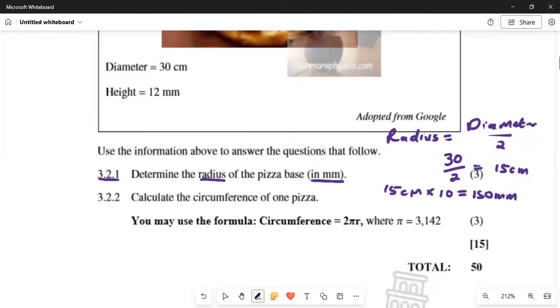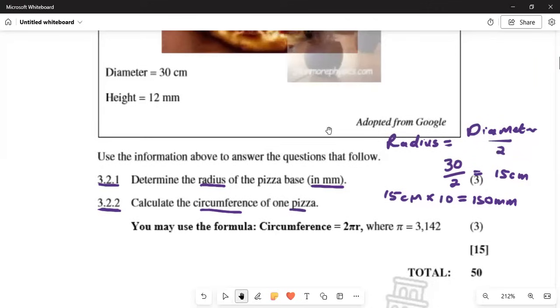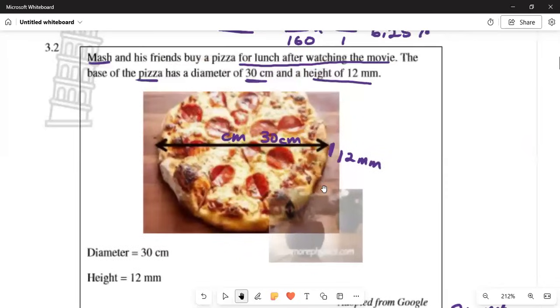So moving on, in 3.2.2, they say now, calculate the circumference of one pizza. So what is the circumference? It is now the roundness. So the circumference will be from here going on.